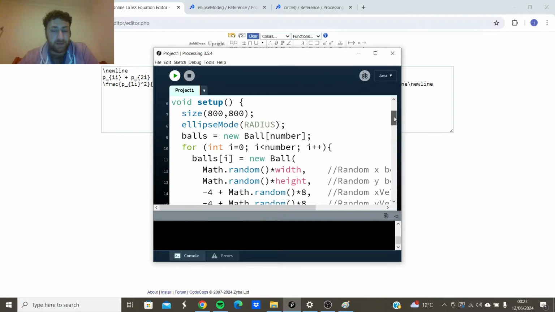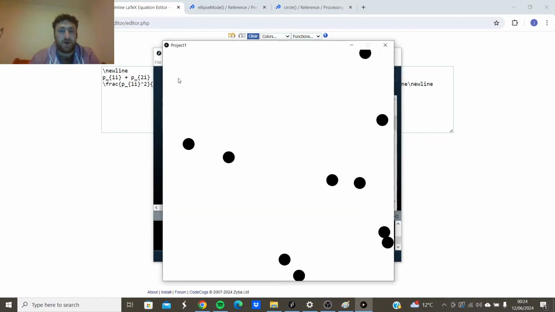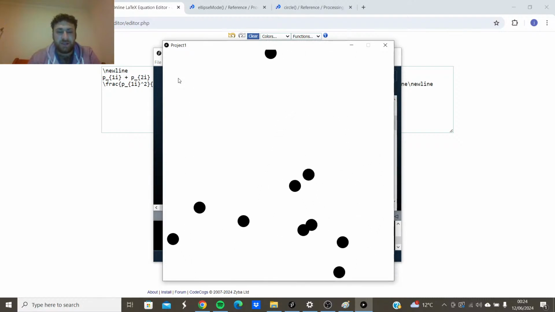But that is to be expected, considering how we changed the code around, which is maybe not the best because it does mean that now balls can spawn on the edge of the screen.